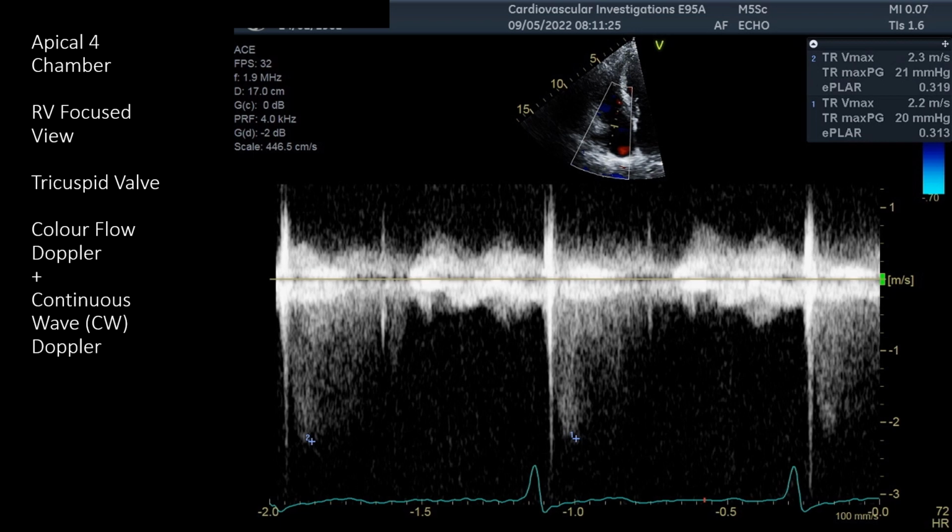Because the velocity across the valve we can use to calculate the pressure gradient between the two chambers. So if we can make an estimation about right atrial pressure and then measure the velocity across the tricuspid valve, we can then make an estimate of the right ventricular systolic pressure.